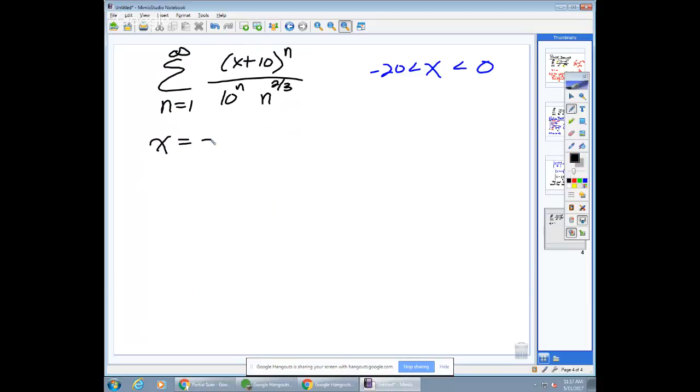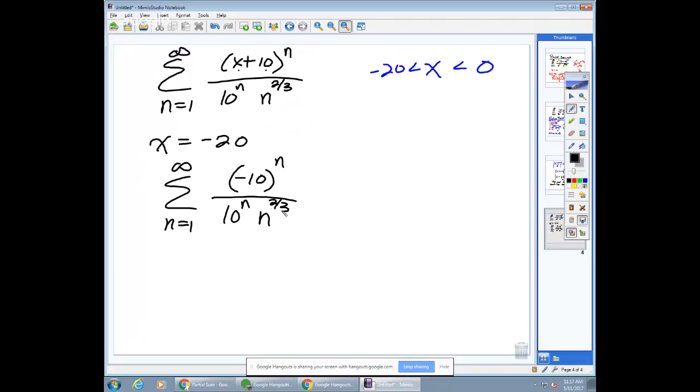If x equals -20, then I'm going to have the sum as n goes from 1 to infinity. Let's see, -20 plus 10 is -10. So I'll have a -10 to the n in the top. There's a 10 to the n in the bottom, and then n to the 2/3. Does that clean up a little bit algebraically?